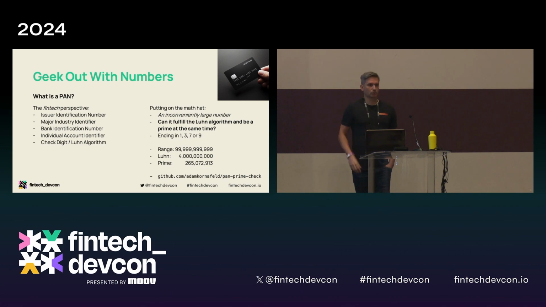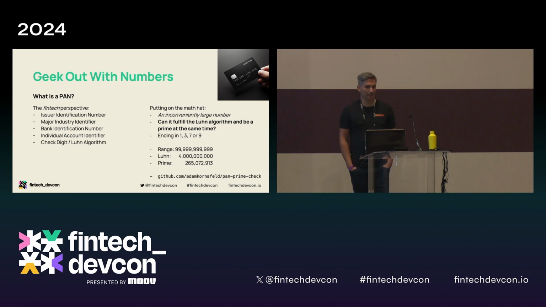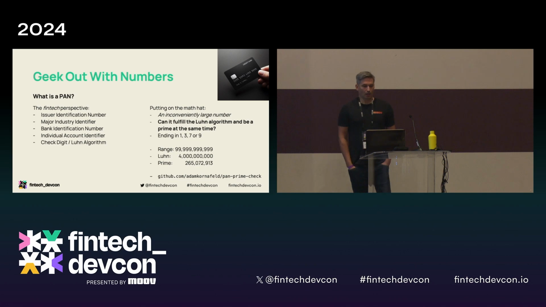It made sense to do it in this way because the Luhn algorithm is much less computationally intensive than doing a primality check. And what we saw is that of these 99 billion numbers, about 4 billion are potential card numbers in this range. And of those 4 billion numbers, about 265 million are also prime.